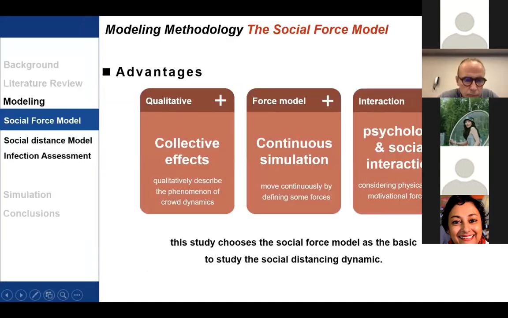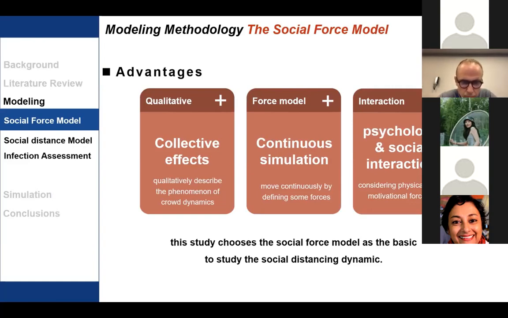In pedestrian dynamics, the social force model has the advantage of evaluating the complete individual trajectories. The specific performance is qualitative description of the self-organization phenomenon, the simulation of continuous space, and the introduction of psychological and social interaction.